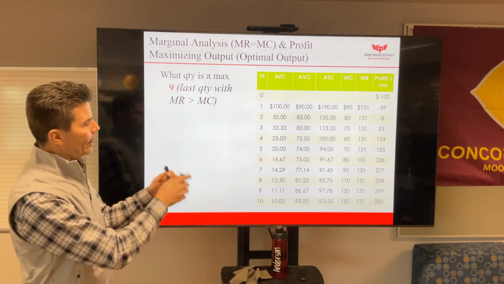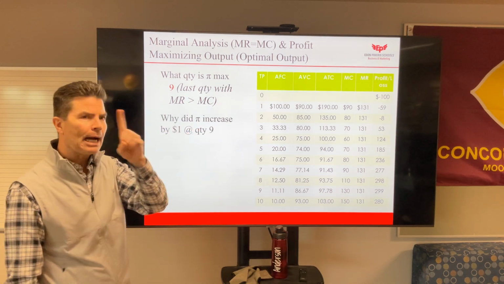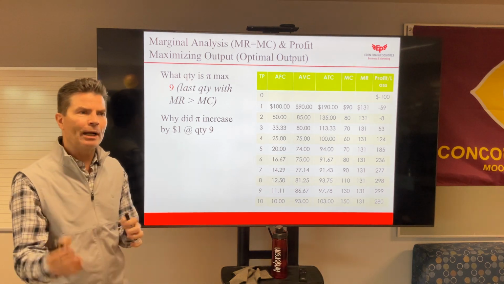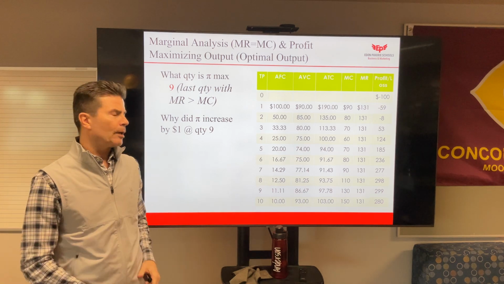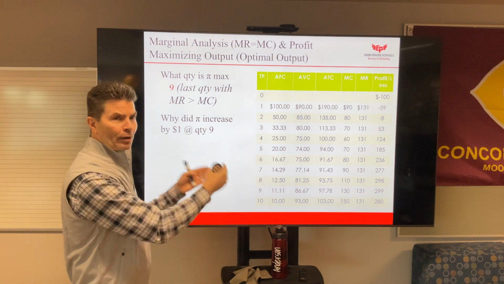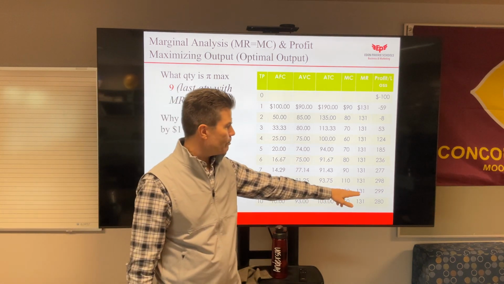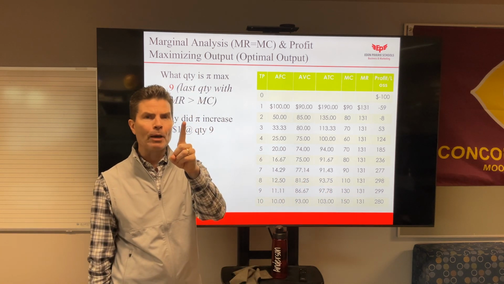All right, in a couple more questions we'll look at: why did the profit increase by $1 at a quantity of 9? I want you to think about that. If you need to pause the video, pause it, and then start it back up and I'll give you the answer. The reason profit increased by $1 at a quantity of 9 is because my marginal revenue was more than my marginal cost by $1.